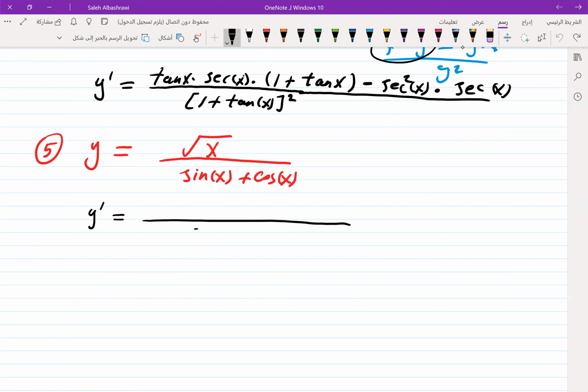It will be the denominator square, which is sine x plus cosine x, squared.